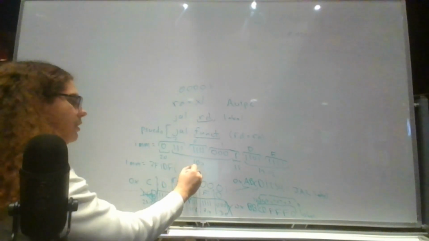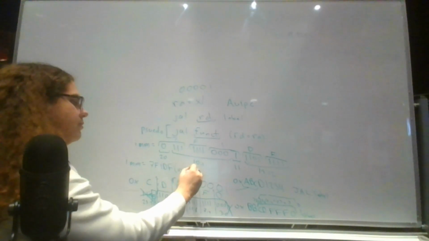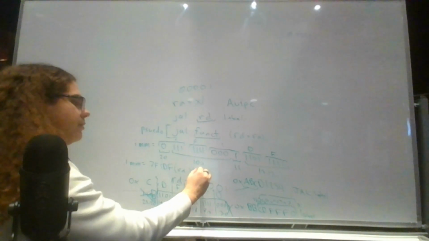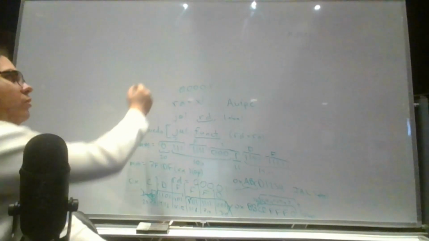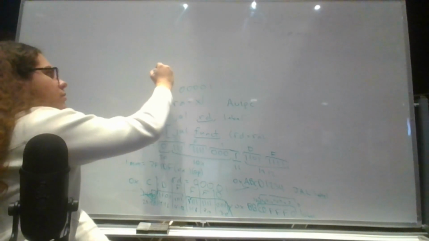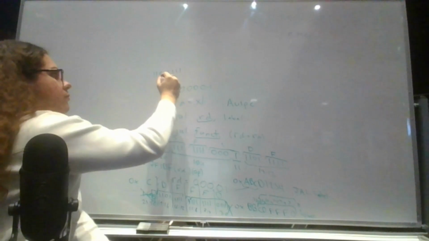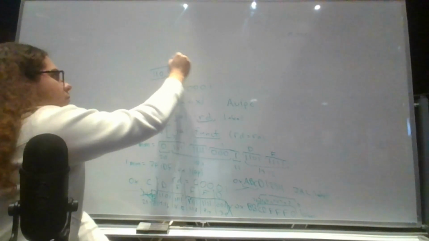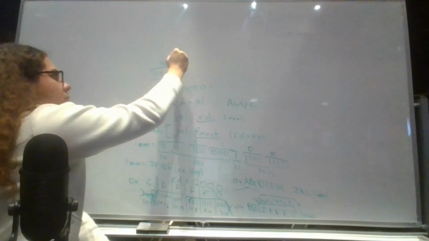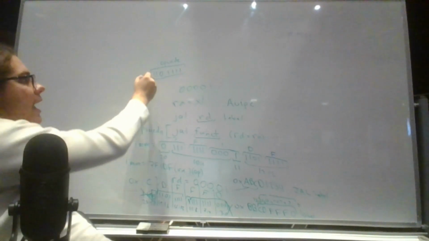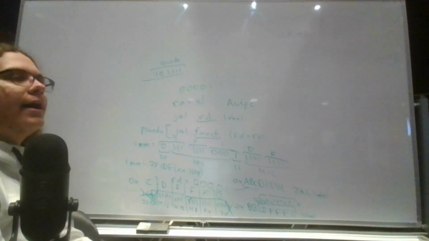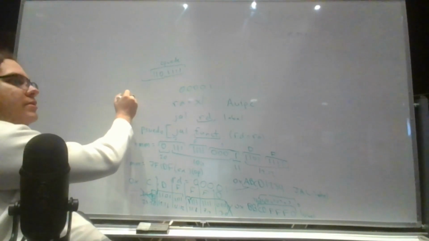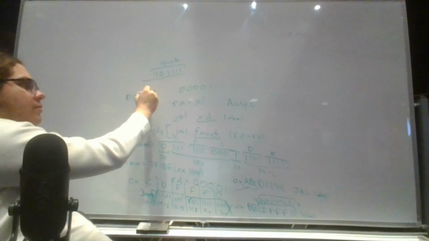And the next 2 are going to be RD. So the next 2 spots are going to be whatever RD is, followed by whatever the opcode is. Again, in this example, we said that the opcode was this, and that the destination register was RA. So we do 0, 0, 0, 0, 1.